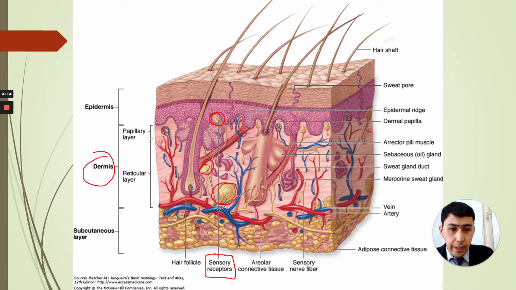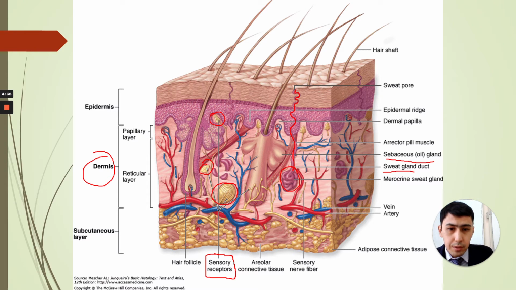We also have glands. This is the sweat gland and this is the sebaceous gland. The sweat gland is this one. It also has a duct. So this is the duct that excretes it outside, and it makes the sweat.